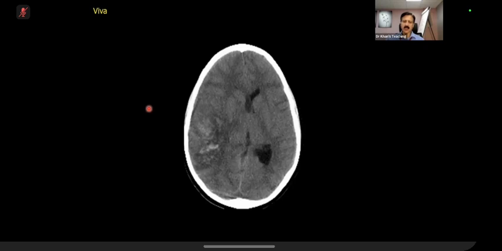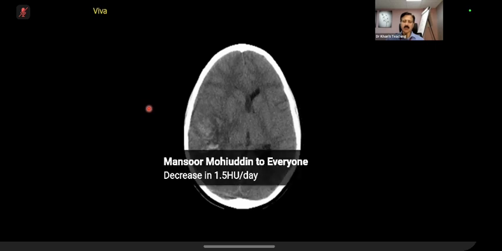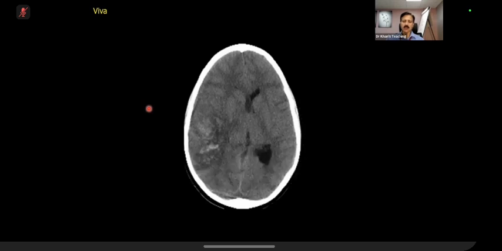When the cortex hits the skull, usually there are particular sites, for example, base of skull, and frontal lobes, because of the undulated appearance of the skull base. So contusion will occur there. So by definition, part of the cortex has to be involved. Now, contusions can be two types.